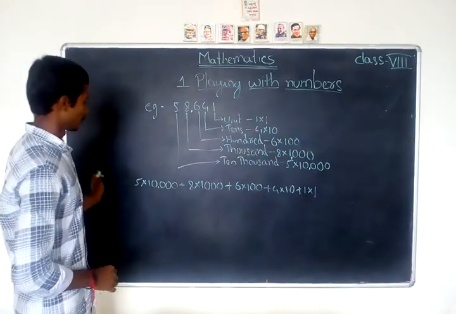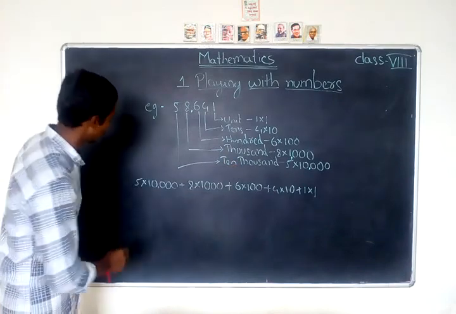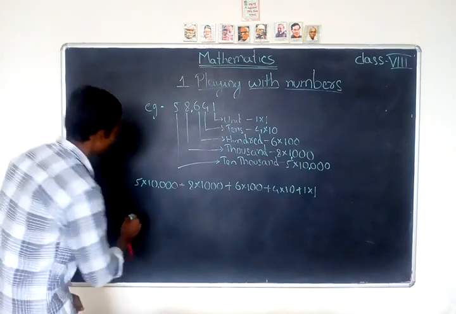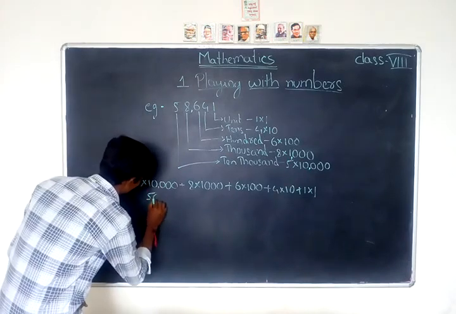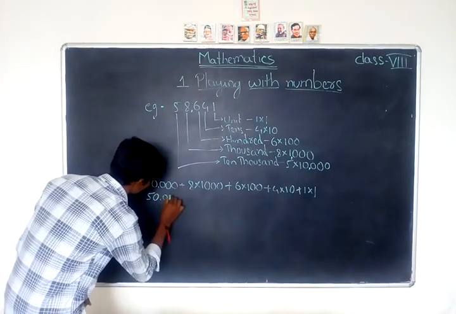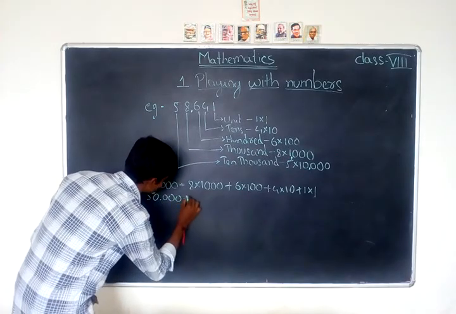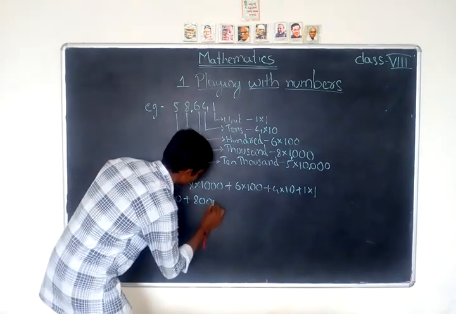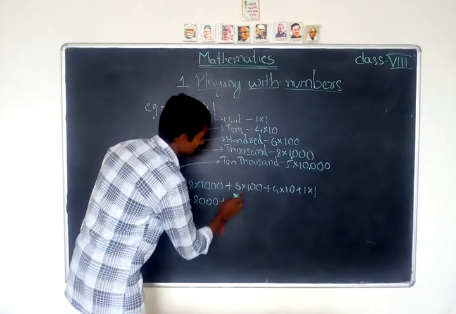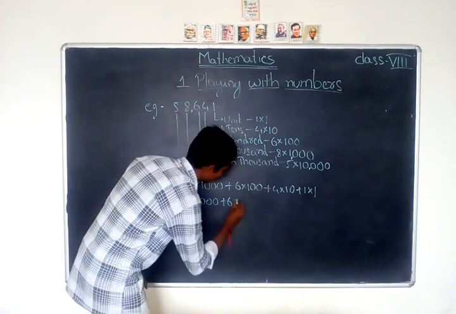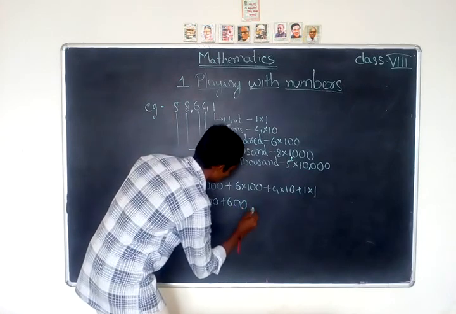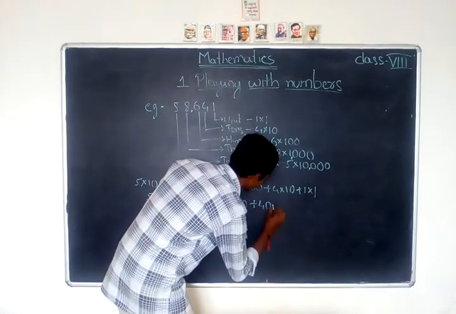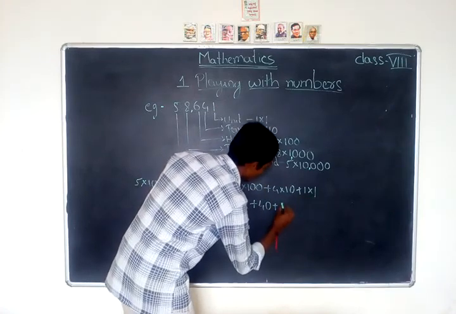Okay? Now, if we add this number, what will we get? This will be 5 into 10,000 is 50,000 plus 8 into 1000 is 8,000 plus 6 into 100 is 600 plus 4 into 10 is 40 plus this is 1.